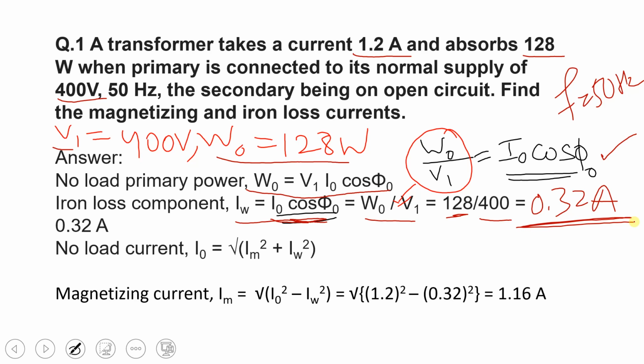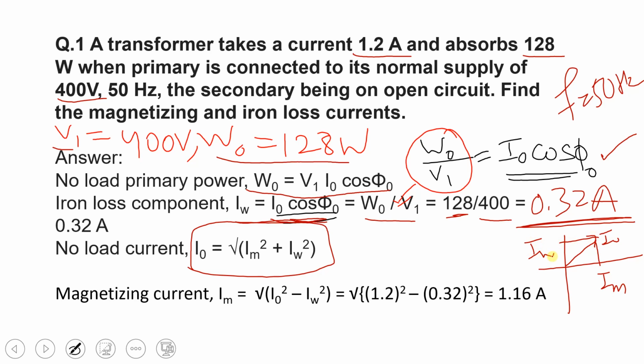Now no load current, we know this formula, this is the standard formula, as this is I naught and it is the summation of magnetizing current and the working current. So from here we know the value of I naught, we know the value of working current, iron losses.